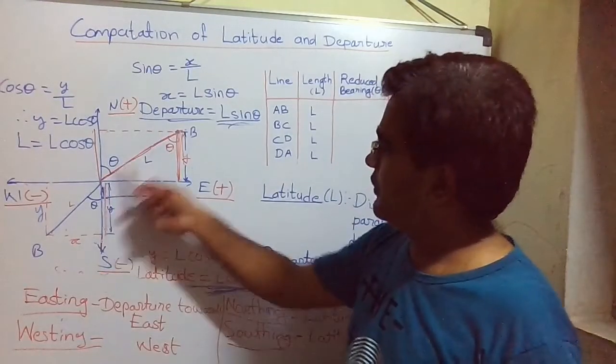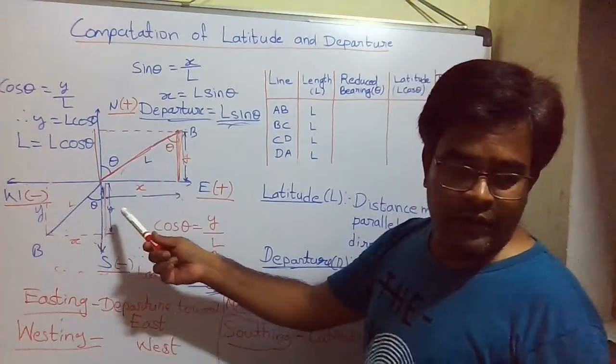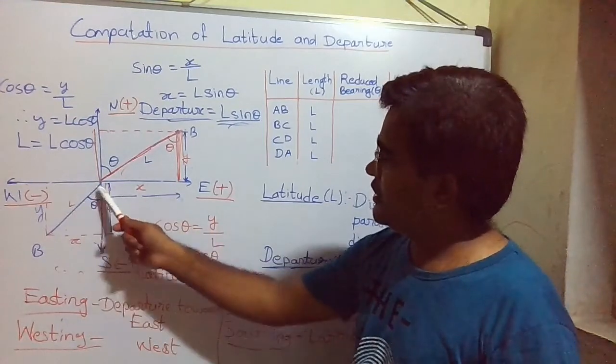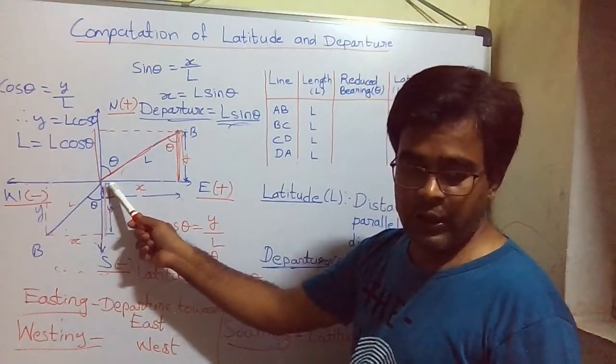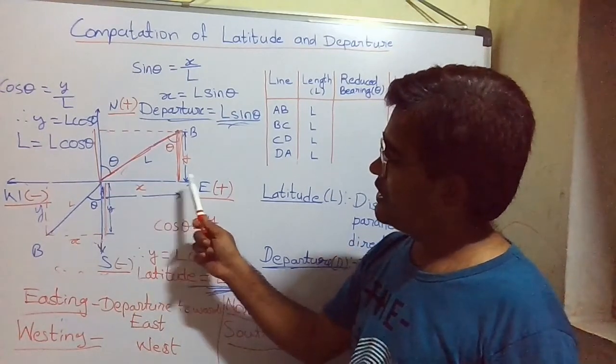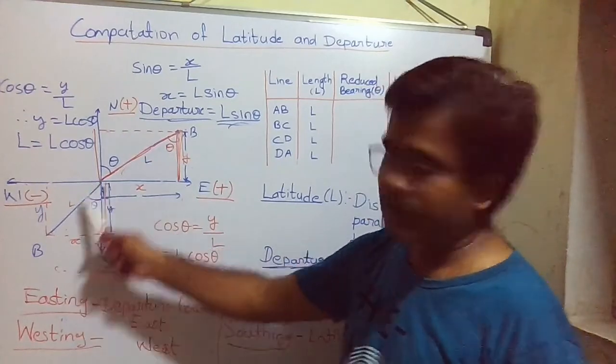Here see, this is the line, and the departure of this line is the distance parallel to the east-west direction. Okay, but it is towards east, so it is called easting. And here you can see this line.